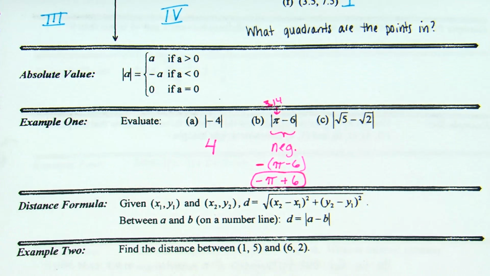Okay, what about C? Absolute value of square root of 5 minus square root of 2. Thoughts on this one?